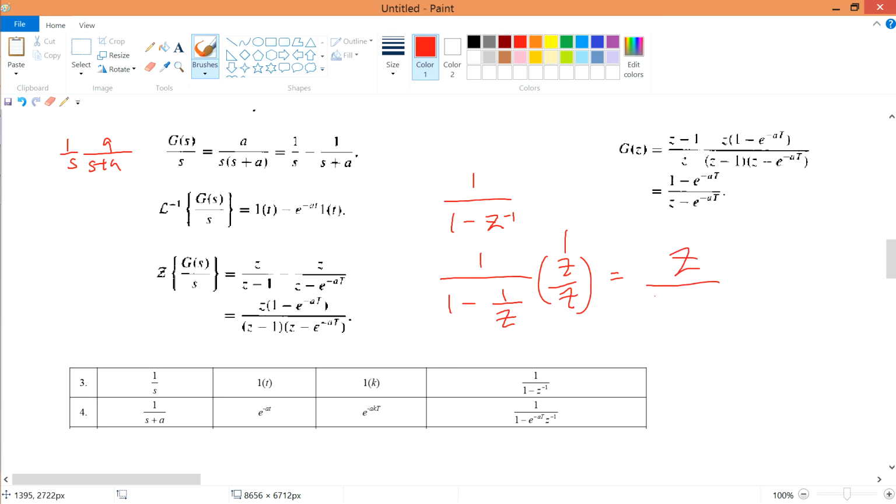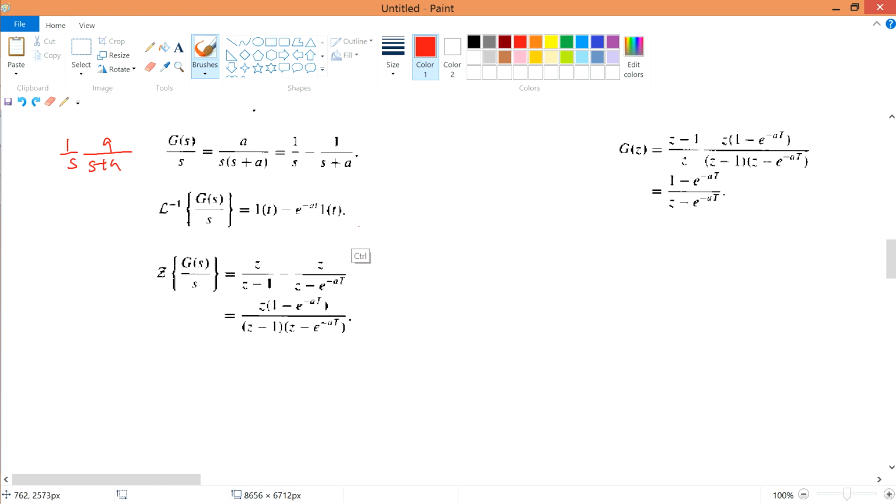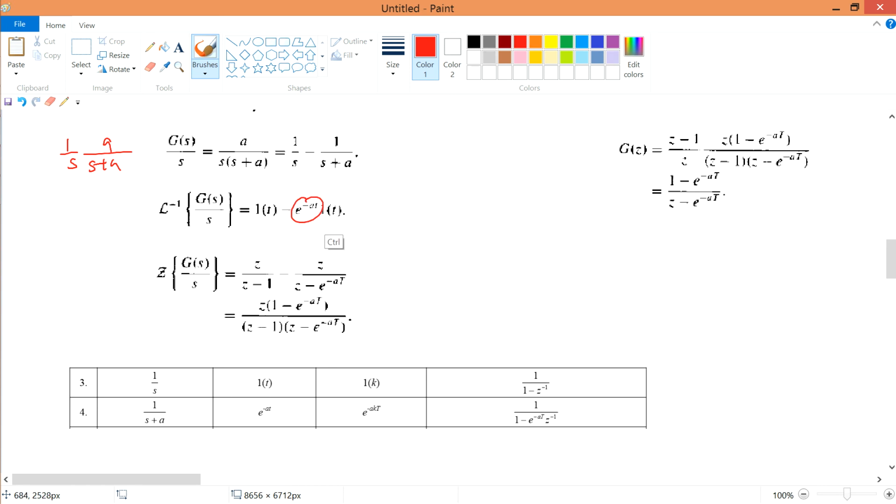So you have Z over Z minus 1. Ta-da! It's this one over here. Same thing for e to the minus AT: you have 1 minus e to the minus AT times Z to the minus 1. Same thing, maybe I should change this Z to the minus 1 to 1 over Z. Okay, so you multiply everything by Z over Z.